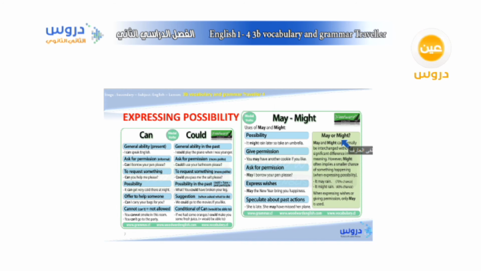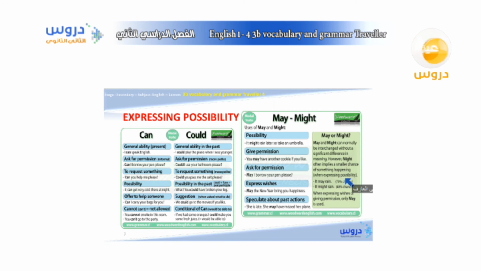However, might often implies a smaller chance of something happening when expressing a possibility. So may is more real, might is not very real. That's the only difference. It may rain, it's a 70% chance. It might rain, it's like 50-50. It's not that big a deal.